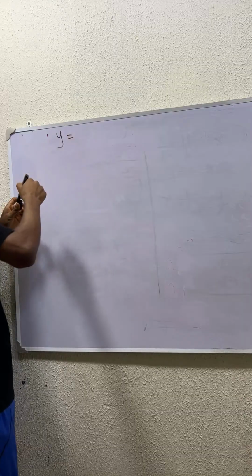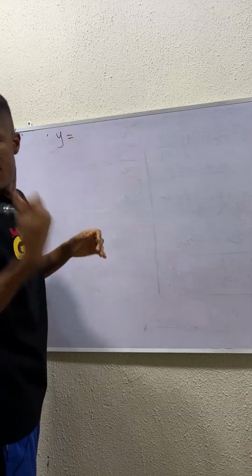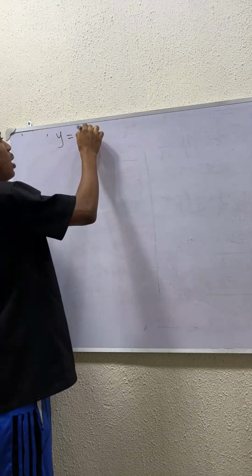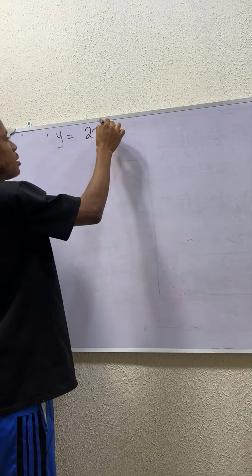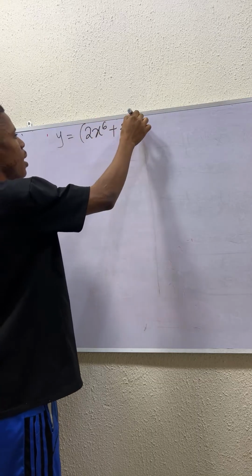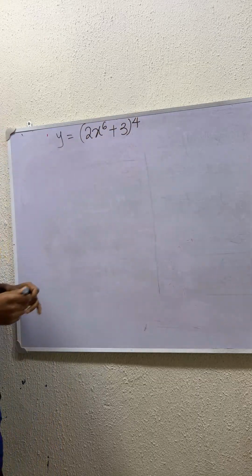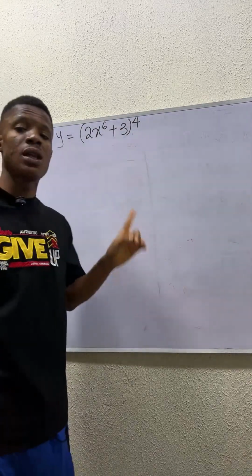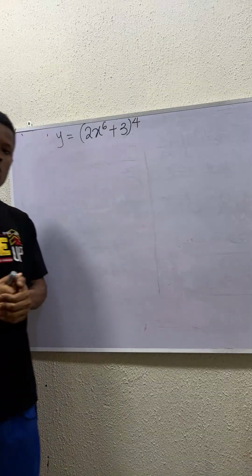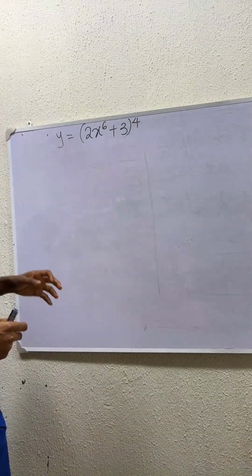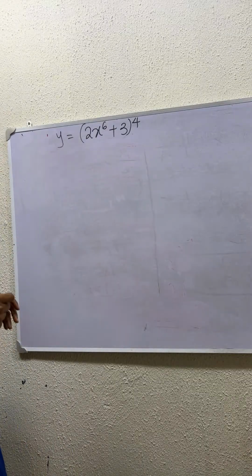So we have another one. y is equal to (2x power 6 plus 3) raised to power 4. Here we will differentiate this function using the usual method, the chain rule.